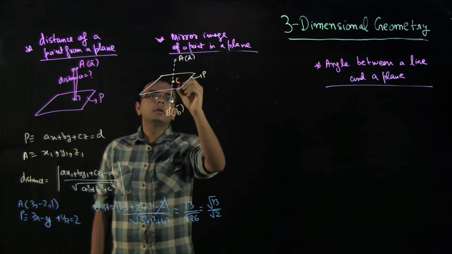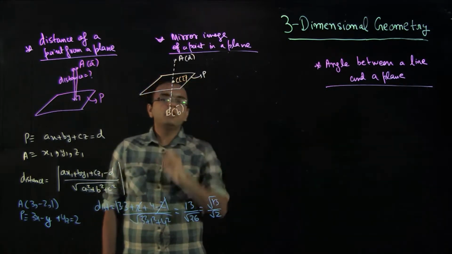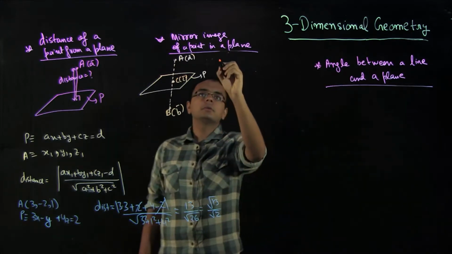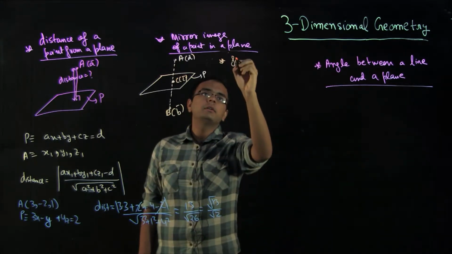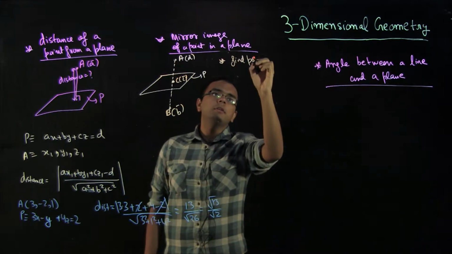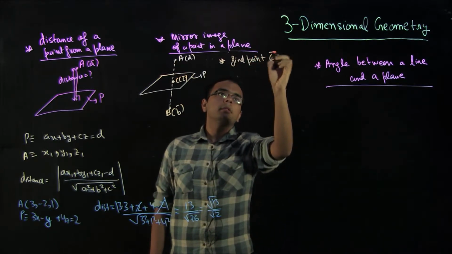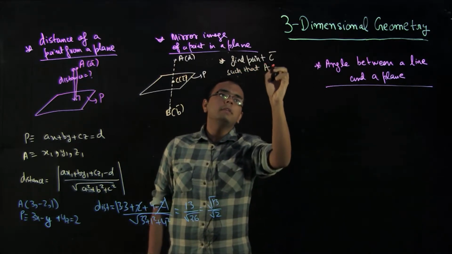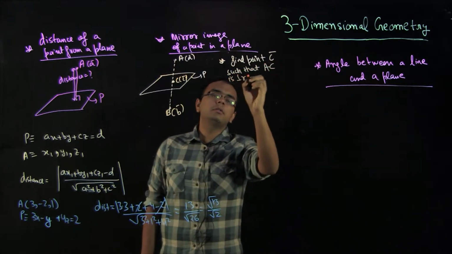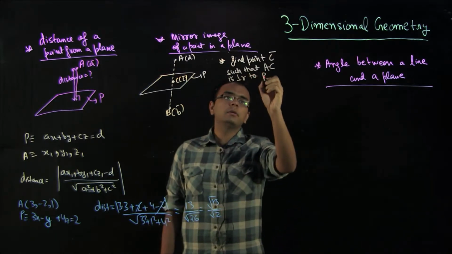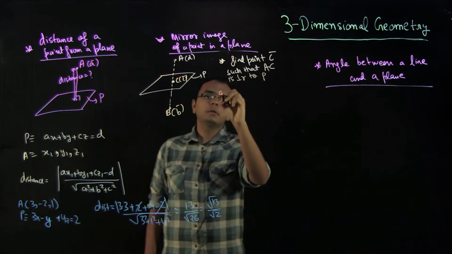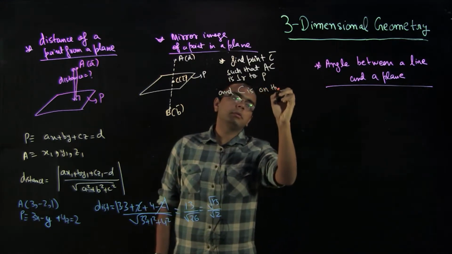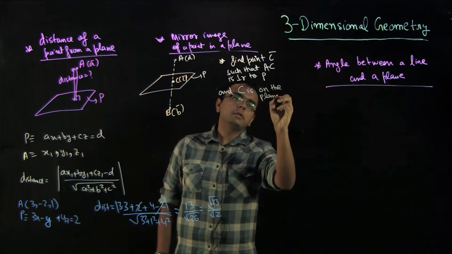The way to go about it is, first, find point C such that AC is perpendicular to plane P and C is on the plane.